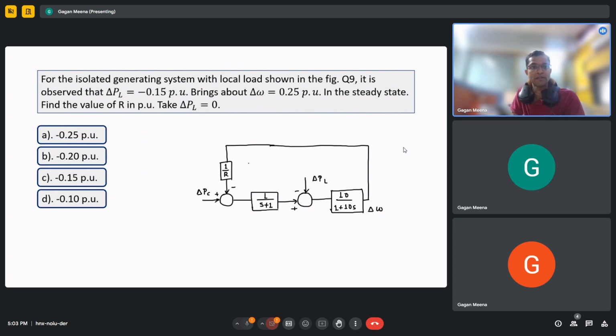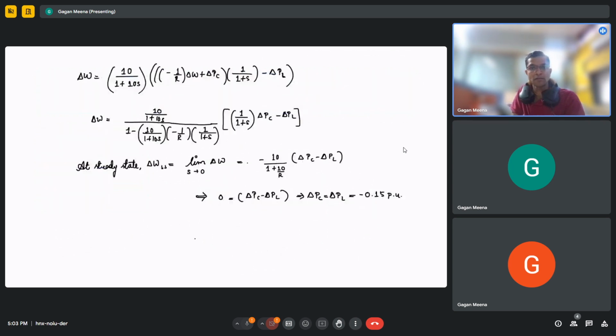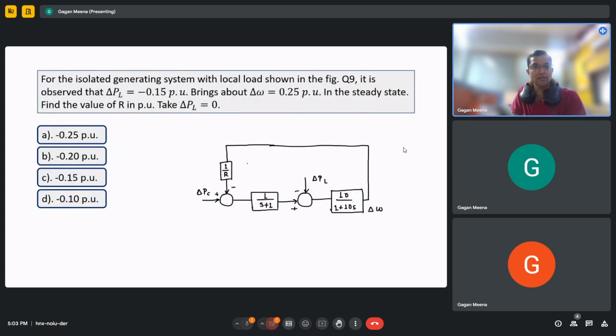Here in this question, for isolated system with local mode, delta is equals to PL1. Find the, no, so this is not R, actually this is delta PC. We need to find out the delta PC now. We have to consider delta PC here also, and R we already found out. R is 2 per unit.